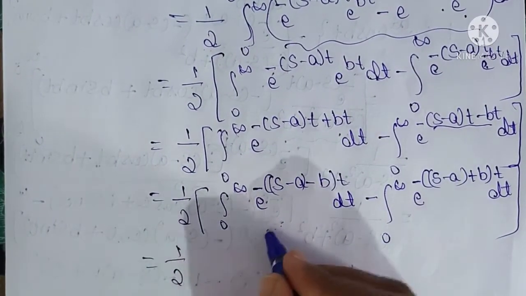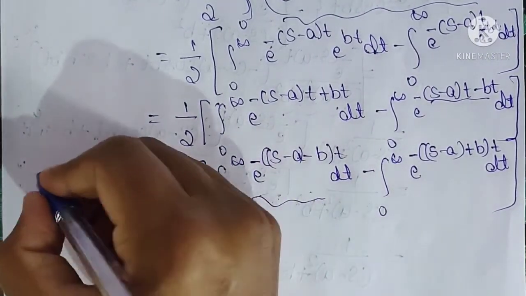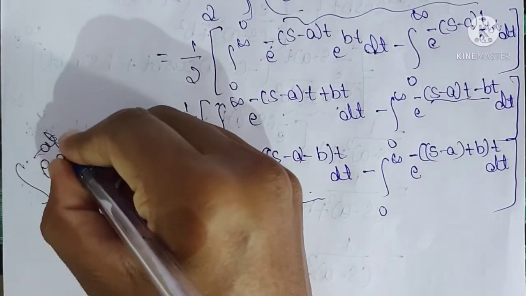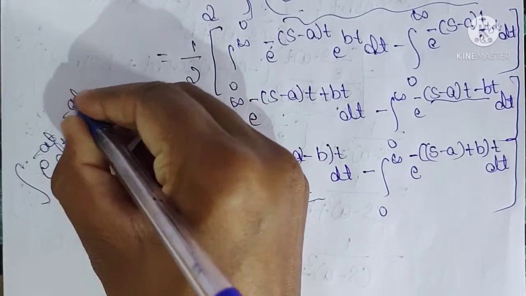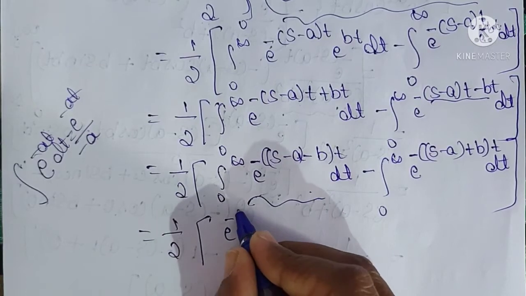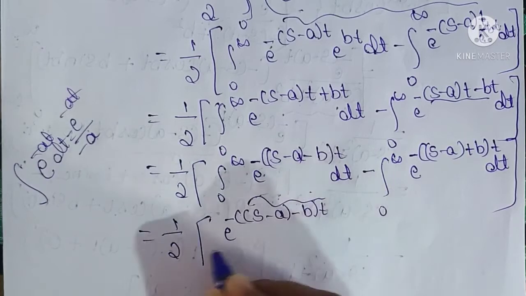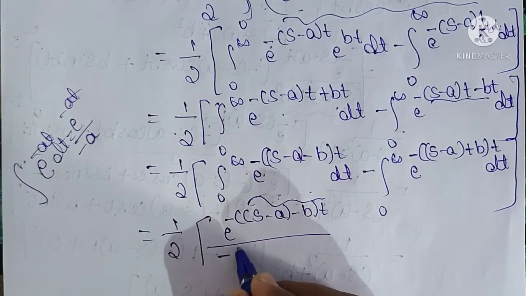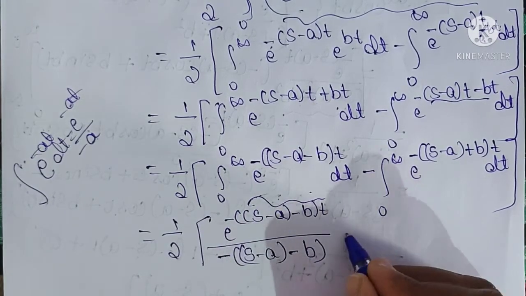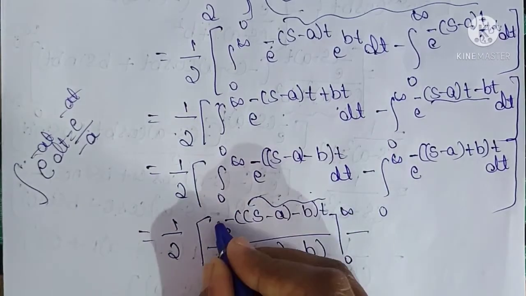Now integrate this function. This is of the form e to the power of minus kt, and the integration of e power minus kt is e to the power of minus kt divided by minus k. Here e power minus s minus a minus b of t divided by minus s minus a minus b, limits 0 to infinity.